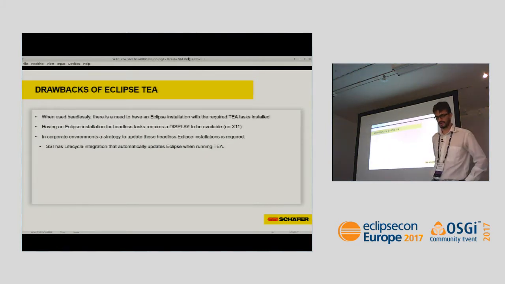So what are the drawbacks of the approach that we chose? If you build your build on the basis of T, you will have to have an Eclipse installed on every server that should run the build. So that's kind of a drawback, because you need to think about how to update these Eclipse installations.